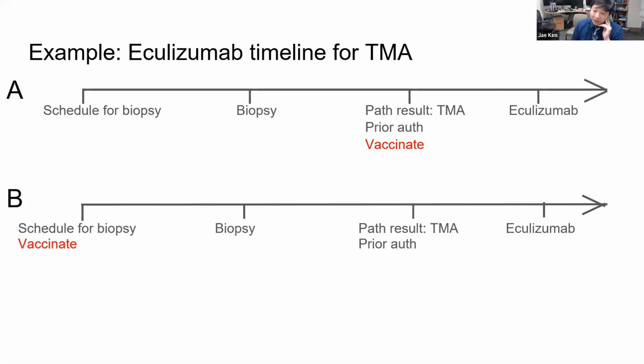Whereas in scenario B, you schedule for a biopsy with the TMA already in your mind, and you decide to send them for all these vaccinations. Get the biopsy, path result confirms your suspicion of TMA, and notice how in scenario B, it allows a greater lead time before administering the eculizumab. We put a lot of thought into whether someone should be biopsied or not.